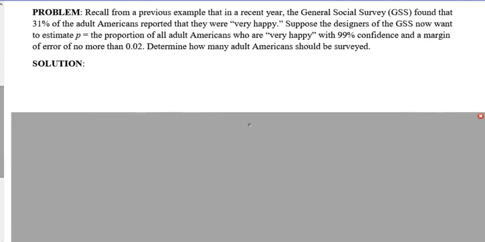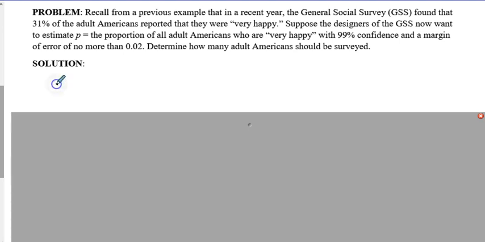It says, recall from a previous example, in another day, the GSS found that 31% of Americans reported they were very happy. Suppose the designers of the GSS now want to estimate the proportion of all adults who are very happy with a 99% confidence interval and a margin of error no more than 0.02. How many people do they need to ask to fall within those guidelines?